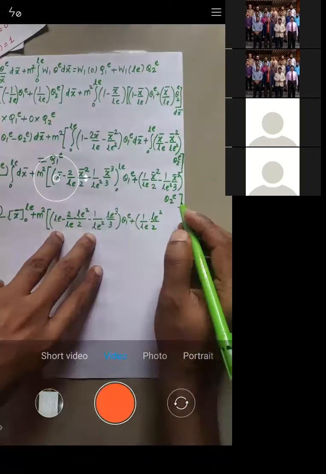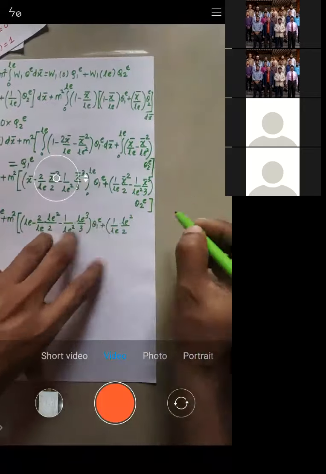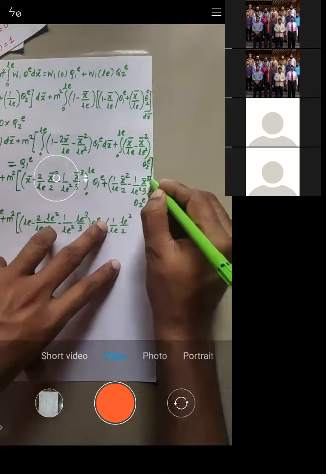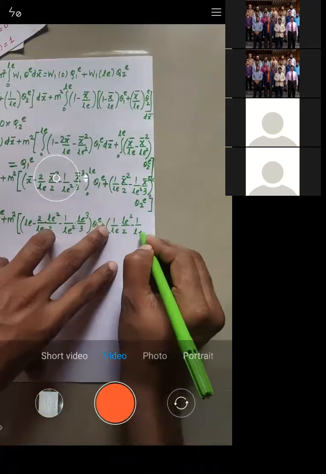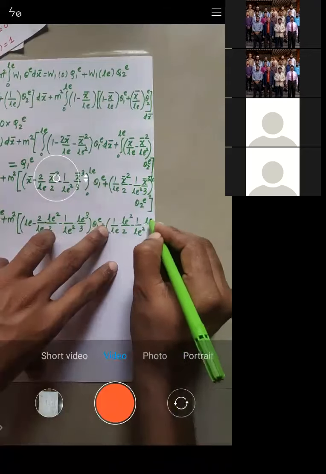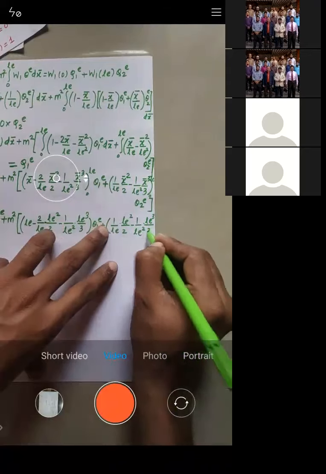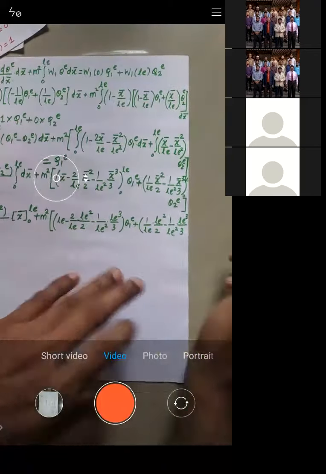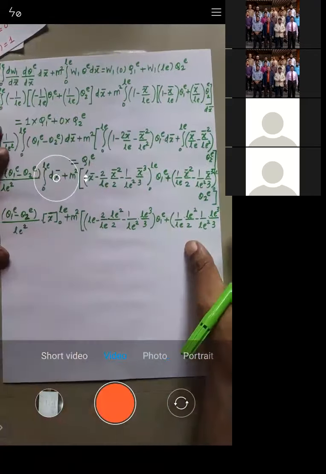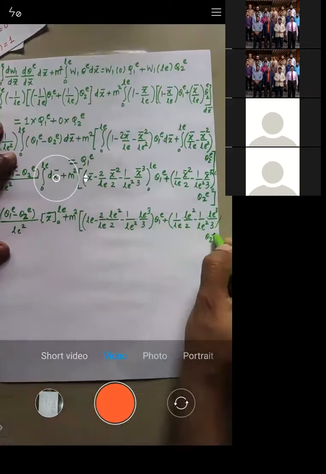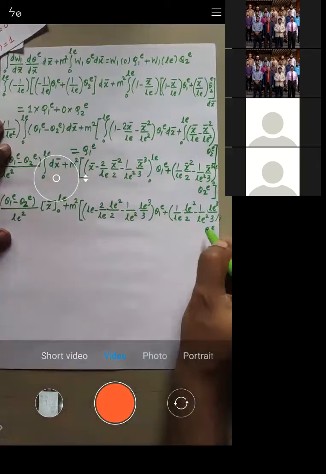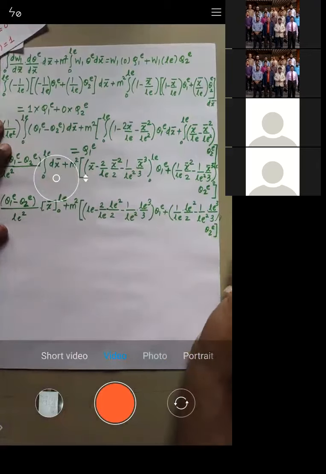See, I am putting x bar as LE now because I am putting the upper limit. See here, 0 to LE is the upper limit, right? So minus 1 by LE square, and x bar I am putting as LE, so this is LE cube by 3. See, it is somewhat lengthier. Into theta 2. Is it okay?